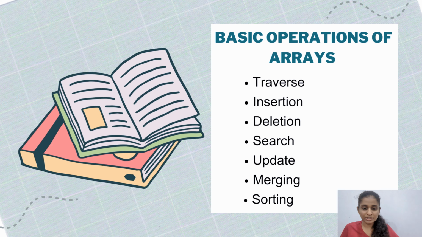Deletes an element at the given index or position. Search. Search an element using the given index or by the value. Update. Updates an element at the given index. Merging. Merging two arrays. Sorting. Sorting an array in ascending or descending order. Let's talk about them one by one.